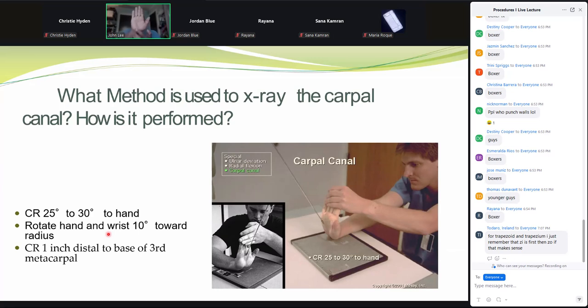CR is about an inch distal to the base of the third metacarpal. So about right there. So remember the base is here, and to go distal of the base, you have to go up. Okay. That's distal. Going this way is going proximal.